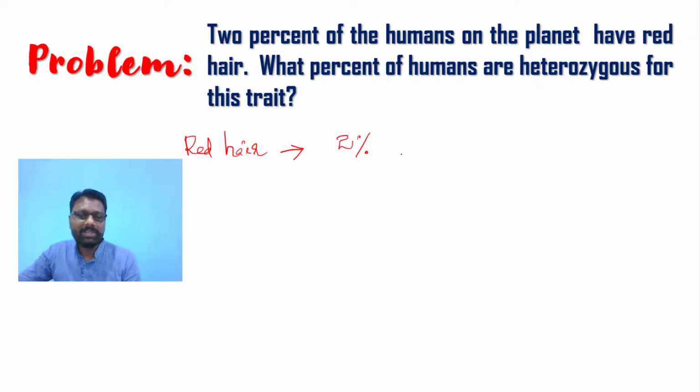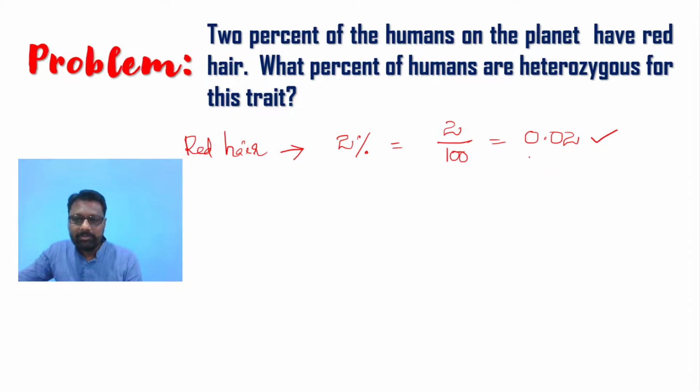So 2% of the individuals can be represented as 2 by 100, and you need to convert this into decimal form, that is 0.02. You always have to convert the value given in the problem into decimal form, and only then can you substitute the values in the Hardy-Weinberg equation.